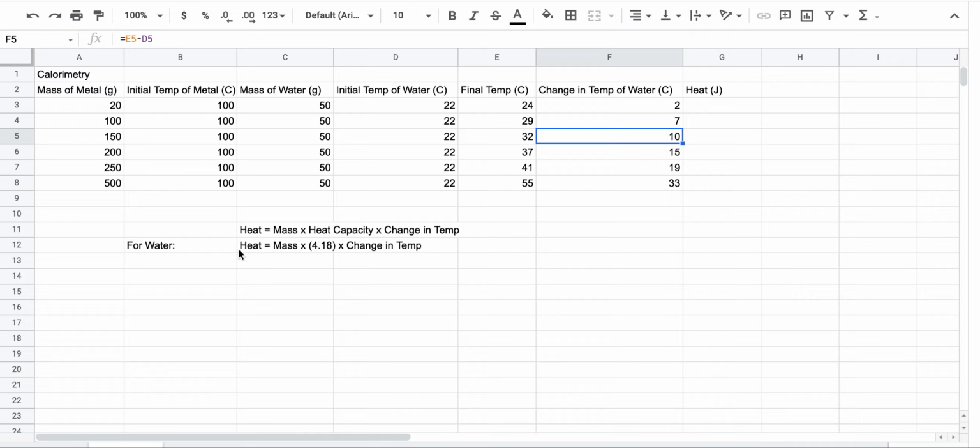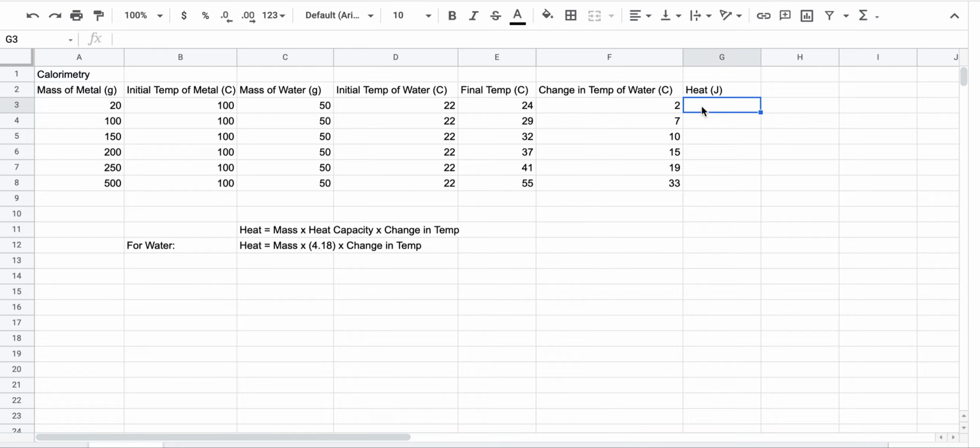So I want you to use this formula right here and find the heat absorbed in each of the different cases using that formula. You can pause the video and do your calculation. It's just mass, which is 50, times 4.18, times this number in the column here of change in temperature.